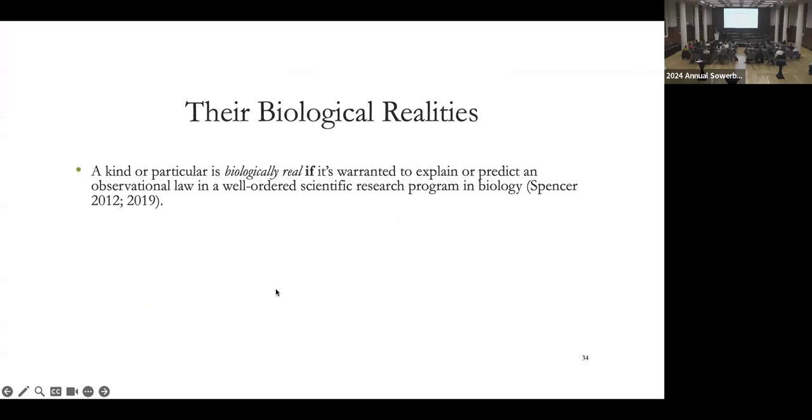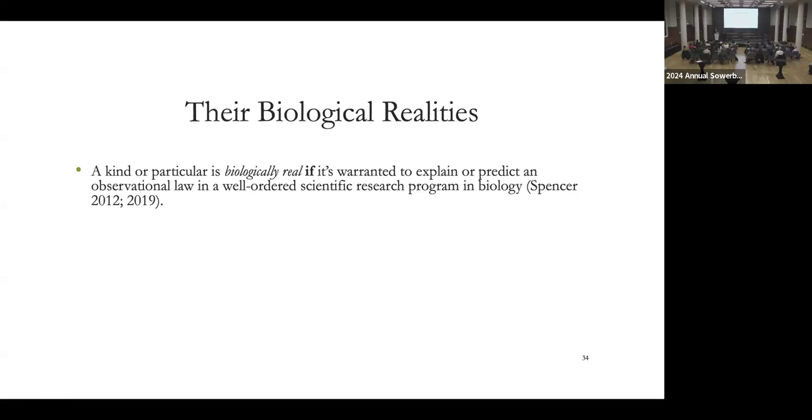Now, is there a reason for thinking that this level of human genetic clustering actually forms a biologically real level of human population structure? I think there is. I have lots of work trying to defend that. This is a quick snapshot of it.